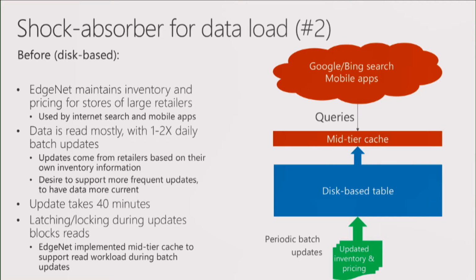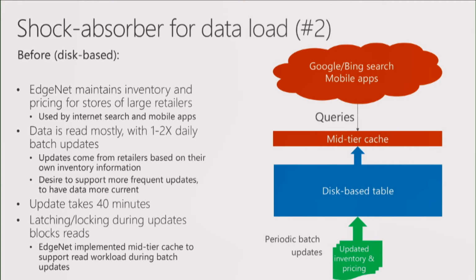They aggregate and maintain inventory information and pricing for physical stores of some large retailers. This is used both by internet search and also mobile applications. And the data is really read mostly, so most of the time the access is trying to read the inventory data.